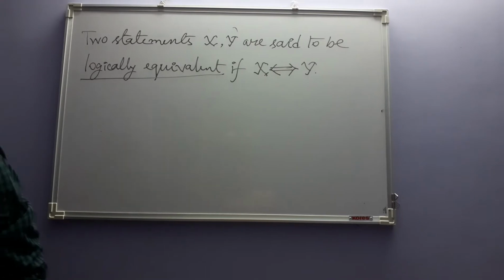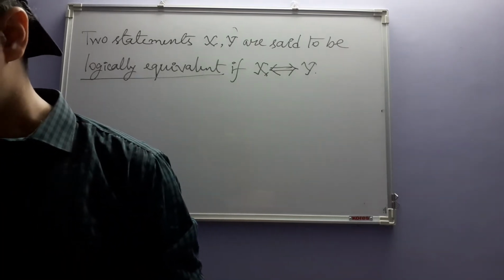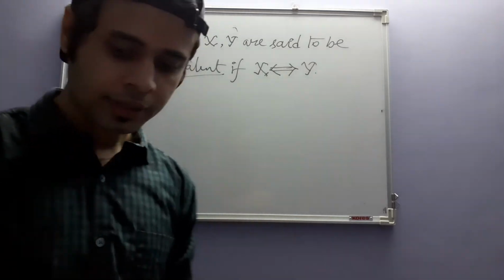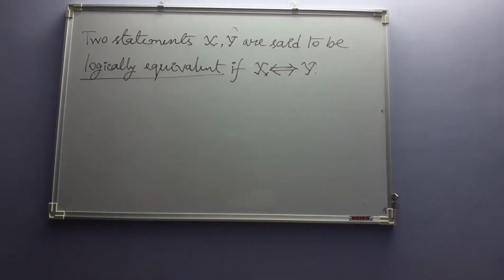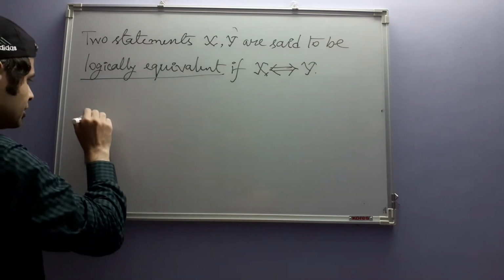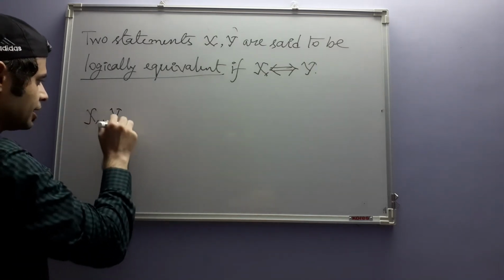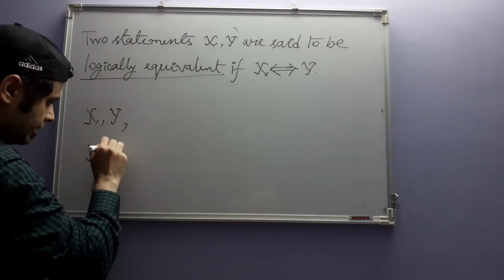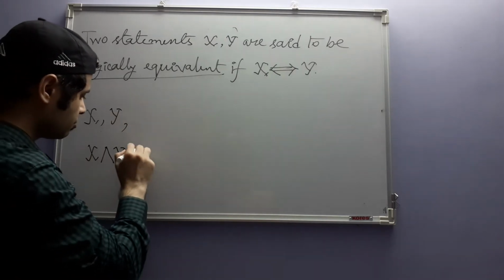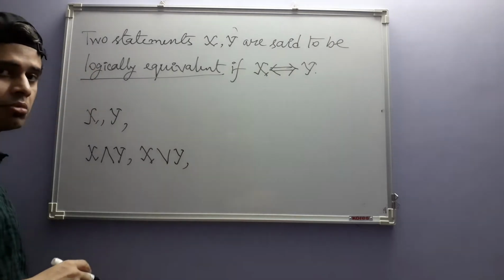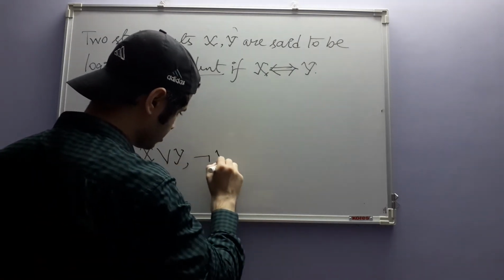Now, so far we have come across 4 constructs, 4 ways of getting new statements out of old ones. So if we are given 2 statements x and y, we know what is their conjunction, x and y. We know about their disjunction, x or y. We know about the negation of x.